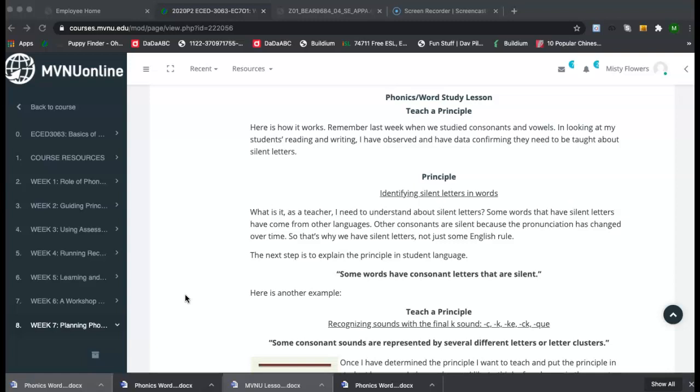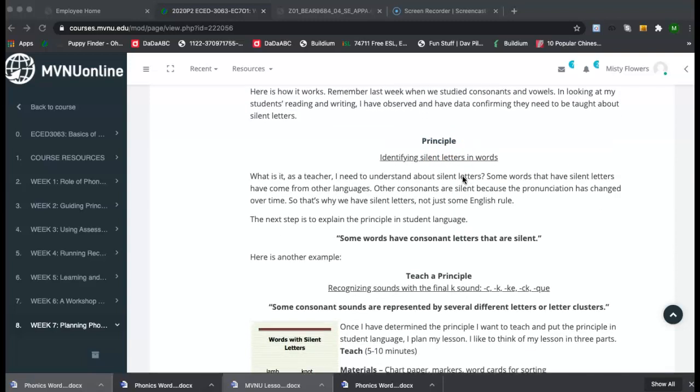An example of a phonics word study lesson could be if you have studied consonants and vowels, and as you're looking at the student writing, you realize that they need to be taught about silent letters. So that's going to be my principle: identifying silent letters.